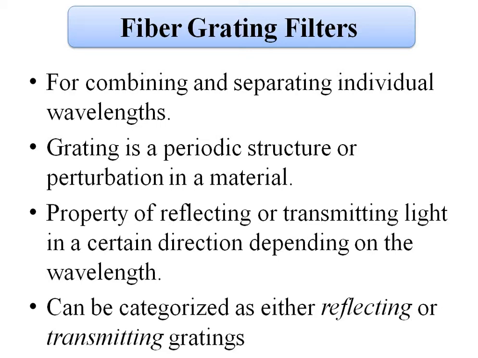So first of all, what is meant by grating? Grating is an important element in wavelength division multiplexing systems for combining and separating individual wavelengths. Basically, a grating is a periodic structure or perturbation in a material.